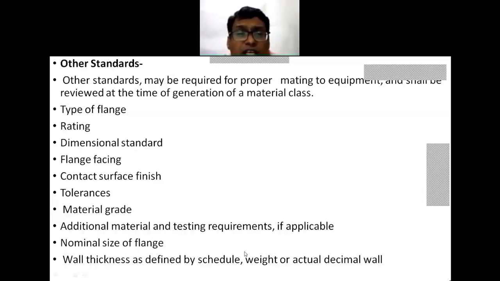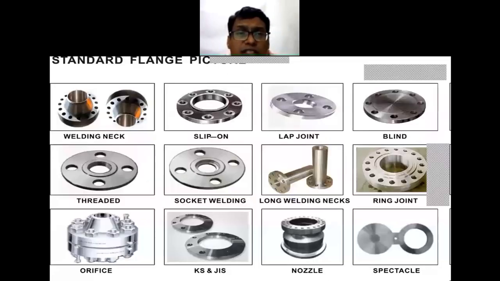Then these are some pictures related to the standard flanges. One is the welded neck flange, which is the most prominent and dominating in the industries. Then the second category is the slip on flange. Then the lap joint flange and the blind flange.